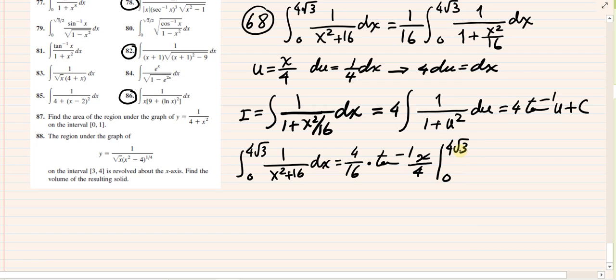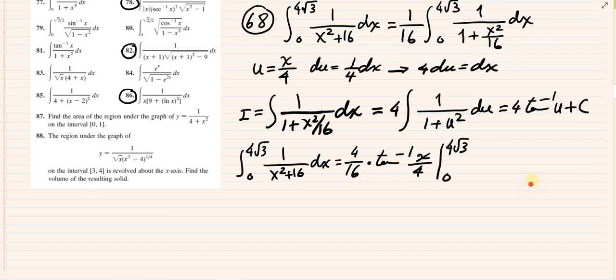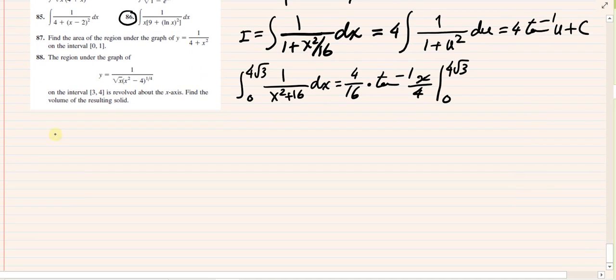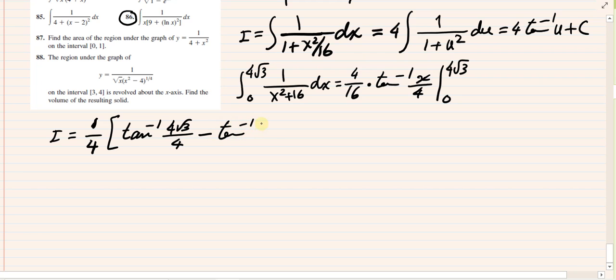There you have it. Now I do need to evaluate this, so let's evaluate the integral. Here's 1/4, that's 4/16. The fundamental theorem kicks in. That's going to be arc tan of 4 root 3 divided by 4 minus arc tan of 0 divided by 4.